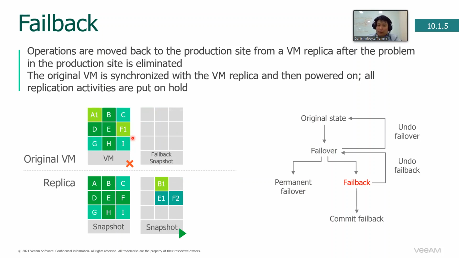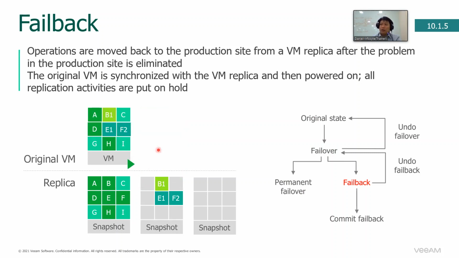Now they will perform it two times. The last replication run, they will shut down the replica VM to make sure all data has stopped here, no changes anymore. They will replicate all the data back to the original VM and make sure no data loss happens. Then they will bring up the original VM to run. Okay, so this is what we call failback.